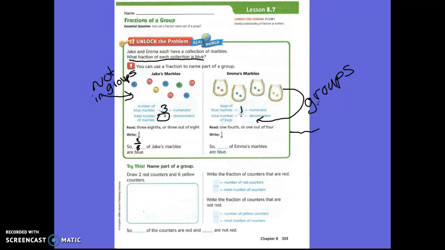This one's yellow, this one's green, that one's blue, that one's red. There's only one group that is blue. So the top number is the group, the one group that's blue. So 1/4, or 1 out of 4, of the bags of marbles is blue. So how much of Emma's marbles are blue? 1/4.